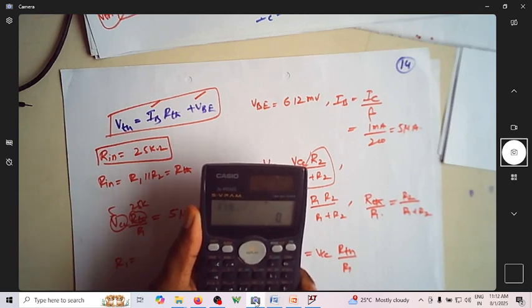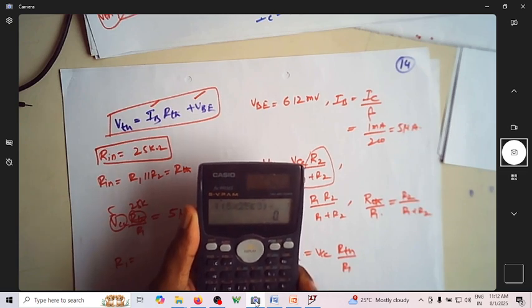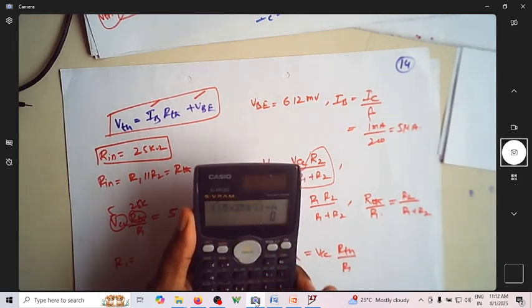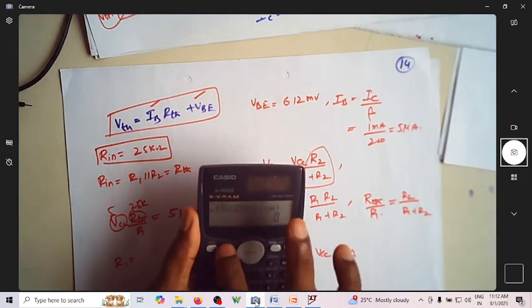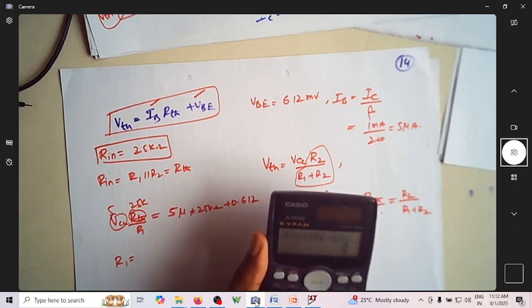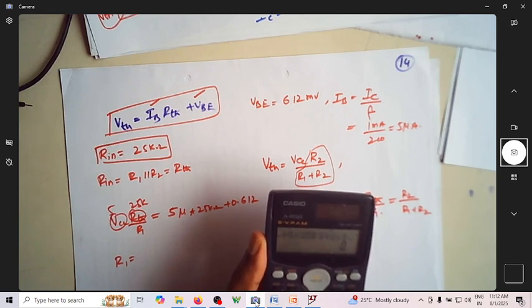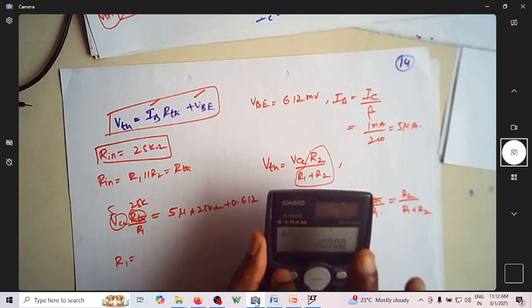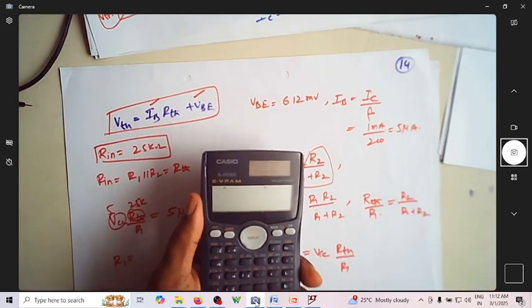This is 5 into 25 exponential of 3 close, divide by alpha a, close. Alpha equals 5 exponential of minus 6 into 25 exponential of 3 plus 0.612. Shift cal, it will give me the value of R2.